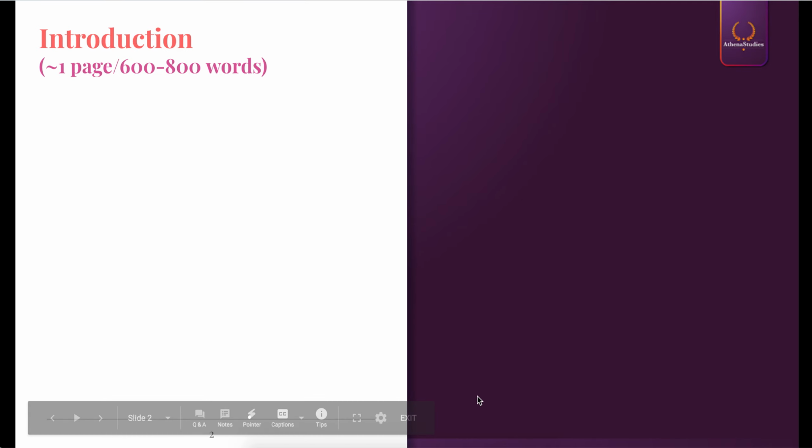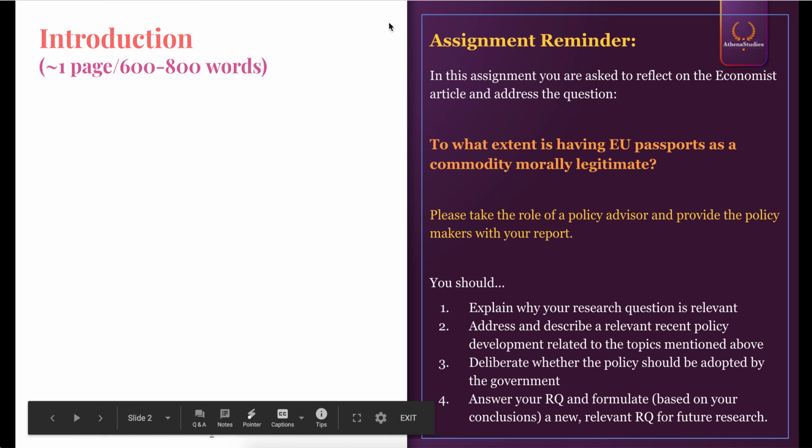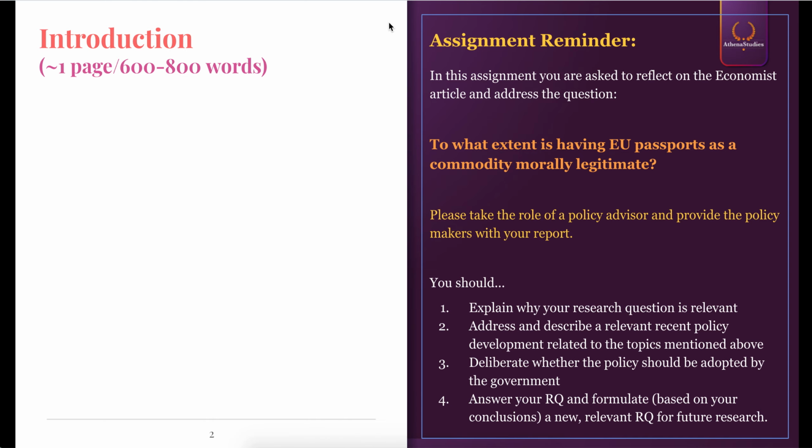And before I get into why we use the introduction and what we use it for, I'm just going to remind you of your assignment. In your assignment, you're supposed to reflect on the Economist article that you had to read and also address the question, to what extent is having EU passports as a commodity morally legitimate?